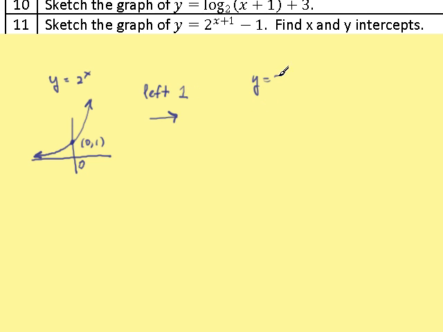So that would be y equal 2 to the x plus 1. Left 1, so this point's going to minus 1, 1. We just subtract 1 from the x. Okay, so here it's going to start leveling off, and here it's going up.